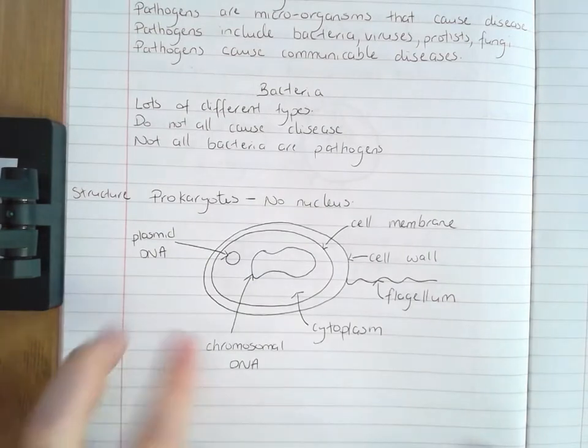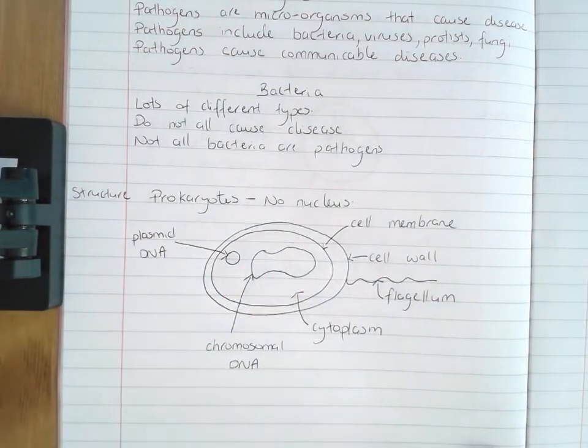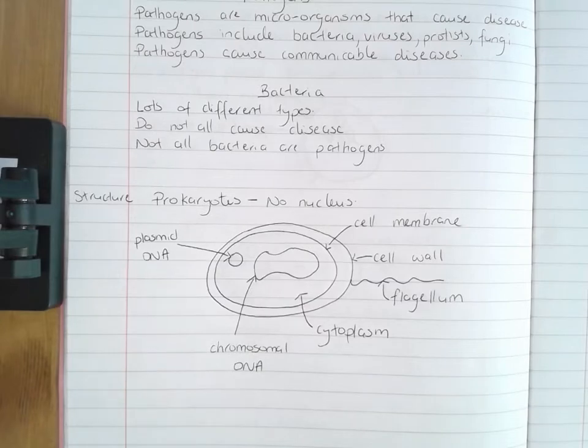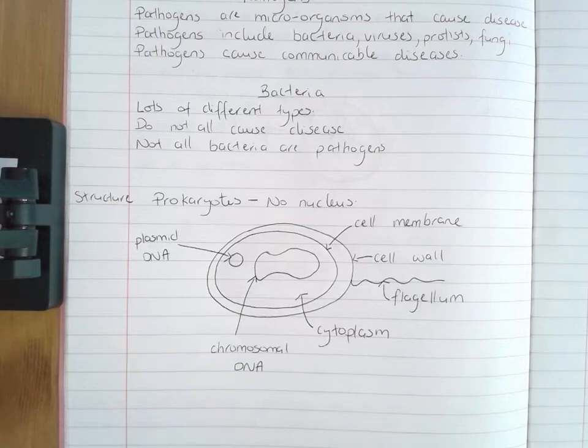Bacteria do have DNA, they just don't have a nucleus, so the DNA sits in the cytoplasm instead of the nucleus. Again, there are lots and lots of different types of bacteria, and they all have quite different structures. This is just a general overview of the structure of a bacteria cell.